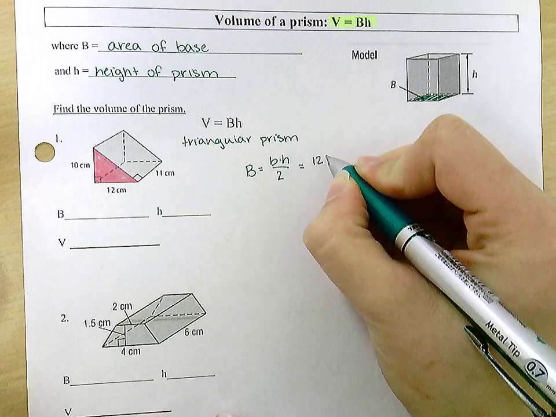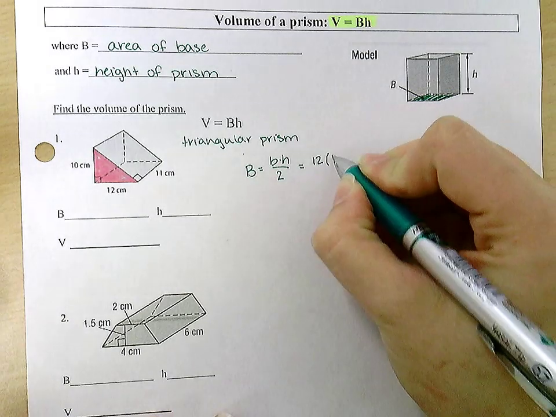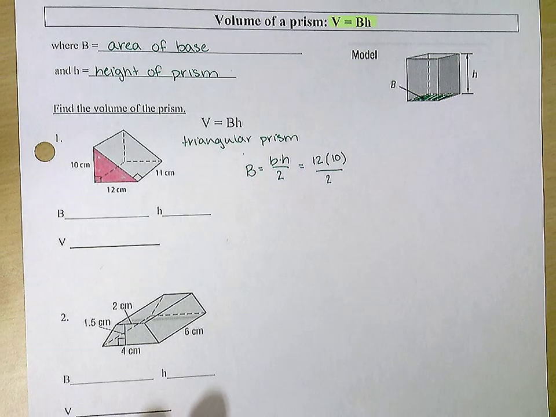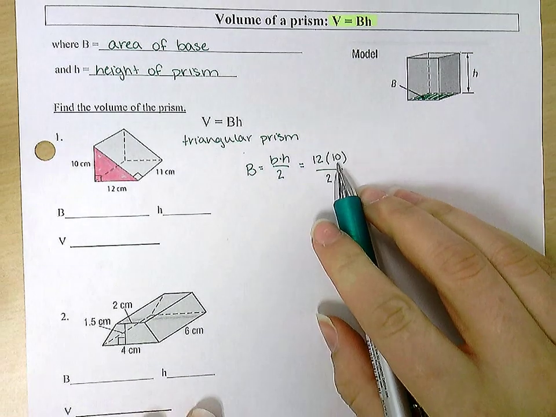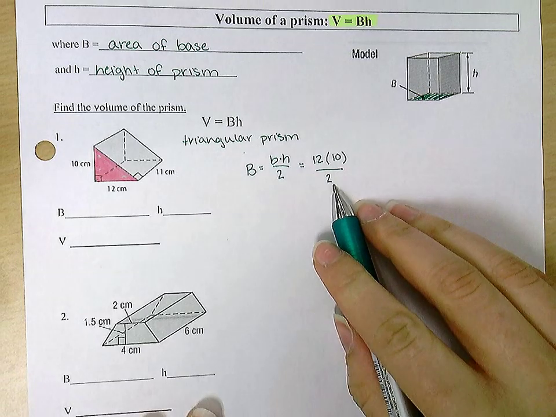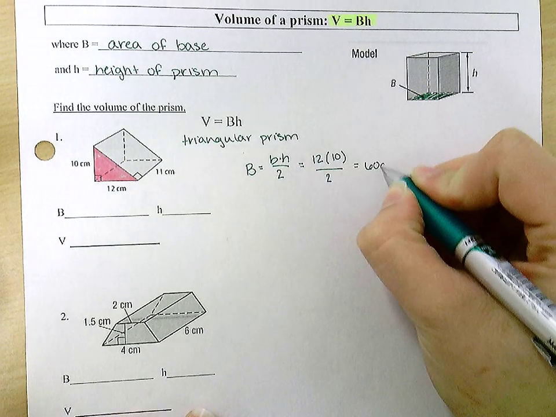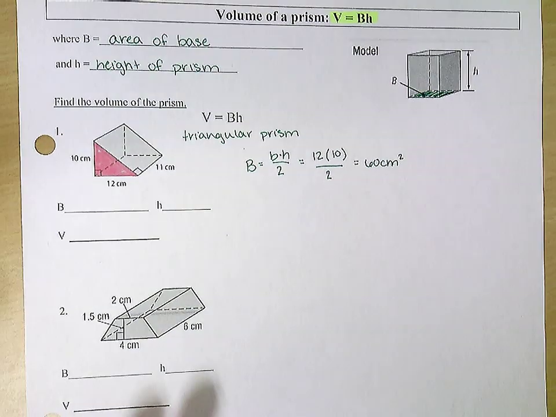What's the height of that triangle? So I have 12 times 10 divided by 2. That is 60 centimeters squared, because it's the area of that two-dimensional shape, the area of that triangle.